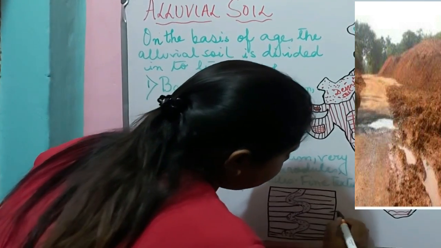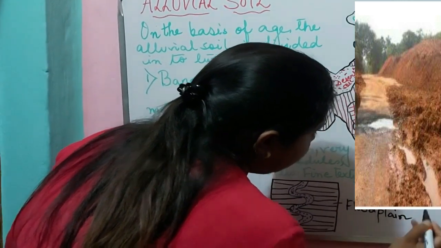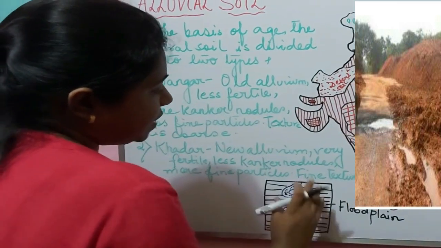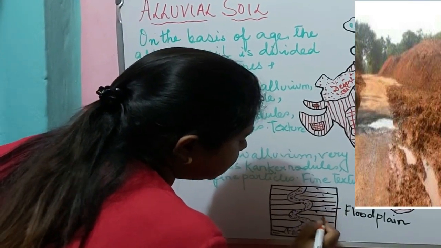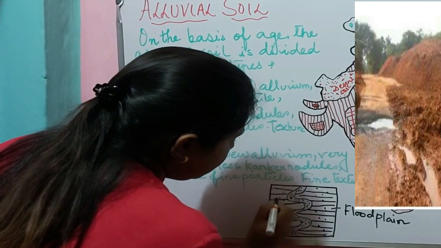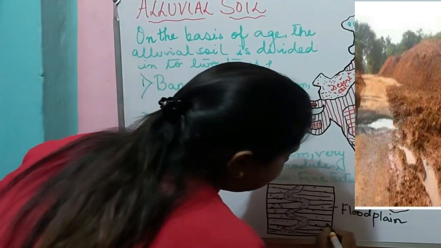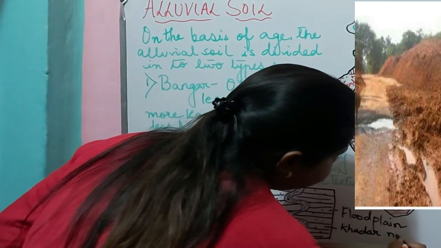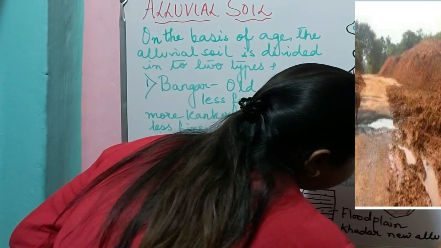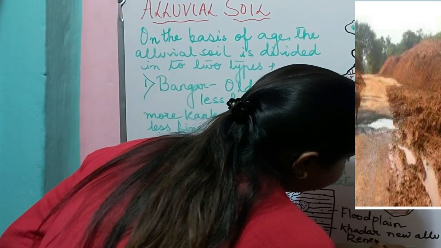This is referred as the flat plain. So the plain which is formed by the flooding of the river, what happens? The sediments get deposited, and these sediments which get deposited in the flat plain is referred as the khadar, the new alluvium, which is renewed every year.